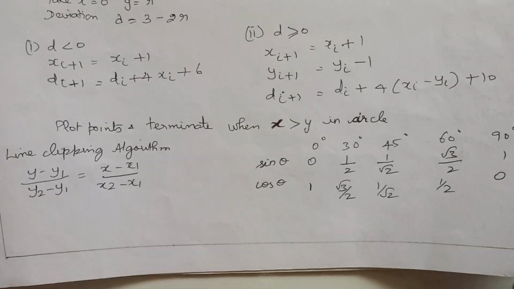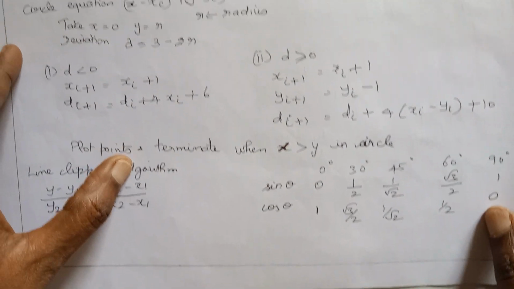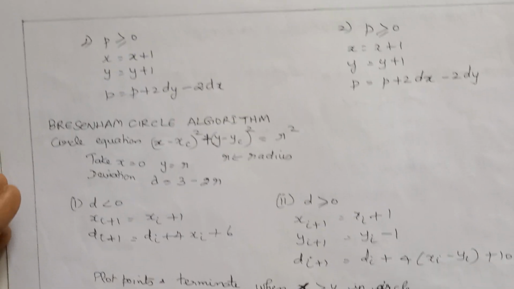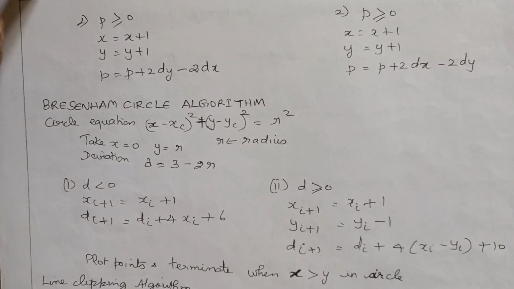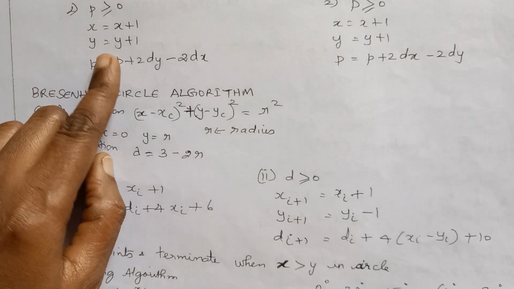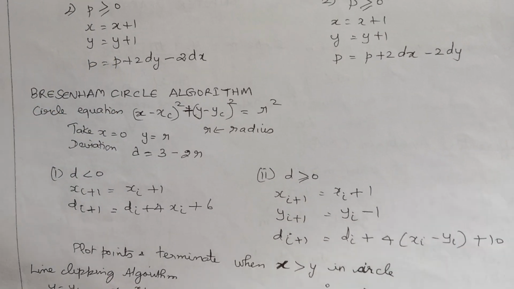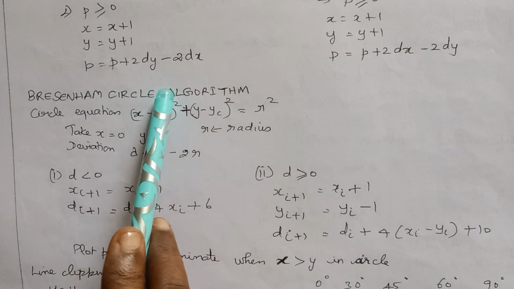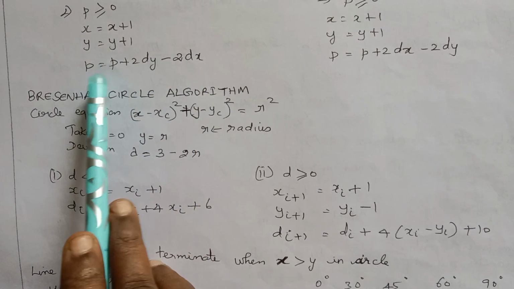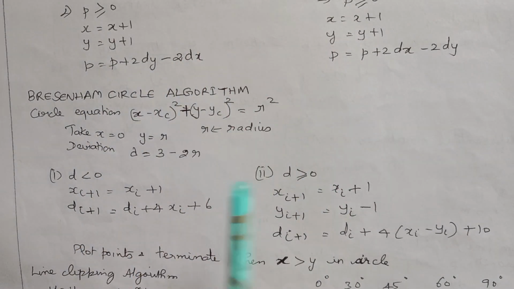Similarly, when p is greater than or equal to 0, then x will be x + 1 and y will be y + 1, and p is equal to p + 2dy minus 2dx.